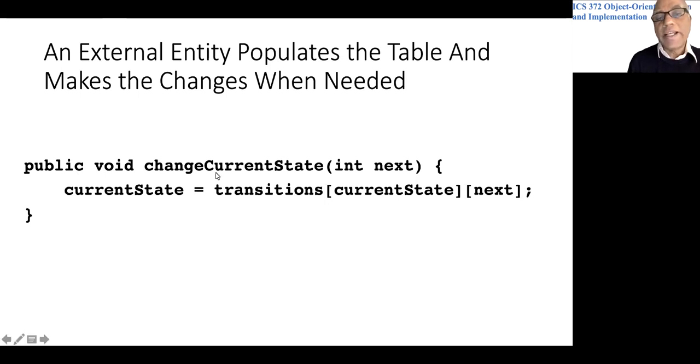Public void change current state, and in the centralized representation, we will see what the next event is. What is the event? We go to the current state's row and extract the entry in the transitions table for the event. And that would be the index of the current state.